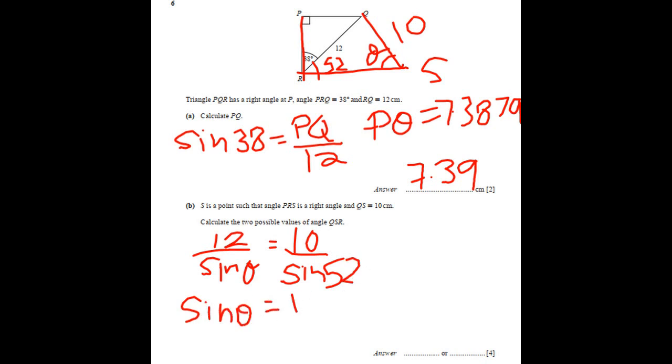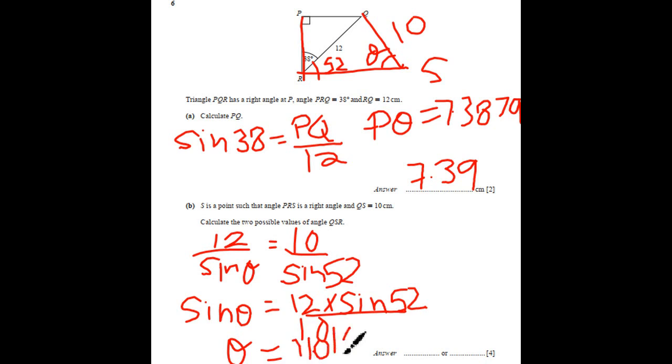So sine theta is 12 times sine 52 over 10, and in the end you will apply sine inverse to the fraction on the right, which gives us sine inverse of 12 times sine 52 divided by 10. This gives us 71.0166. Since this is an angle, angles are rounded off to 1 decimal place.